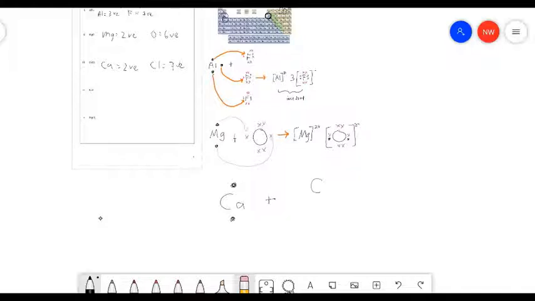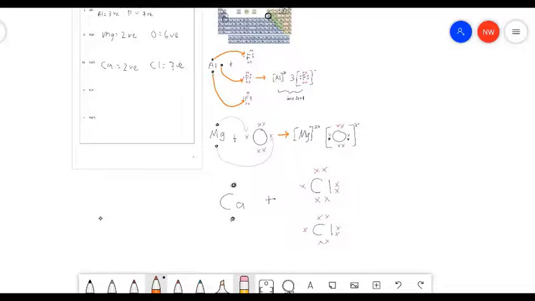Klorin atom ada 2 biji. Cl. 1, 2, 3, 4, 5, 6, 7. 1, 2, 3, 4, 5, 6, 7.